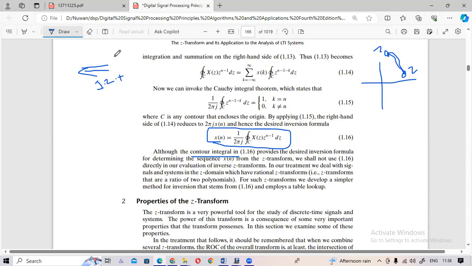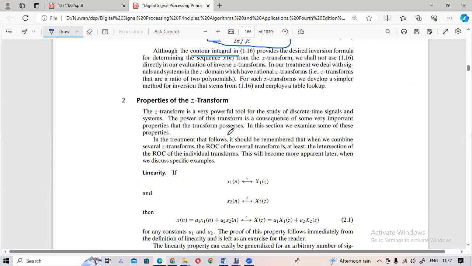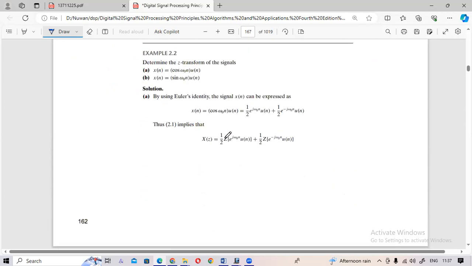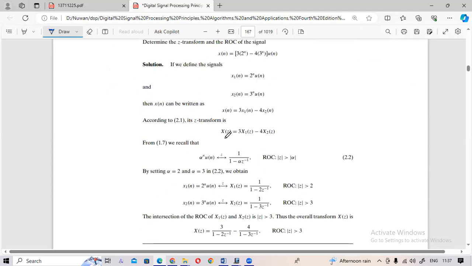We don't learn this pair here, because the inverse Z transform is somewhat more complex than the inverse Fourier transform, since we have special integration techniques here. So we are not going to use this pair when we do the Z transform, but we find the inverse Z transform using other techniques. I will explain it, maybe today if possible.